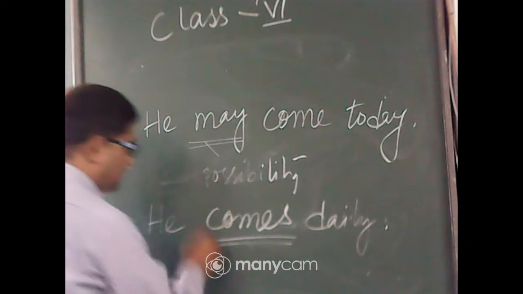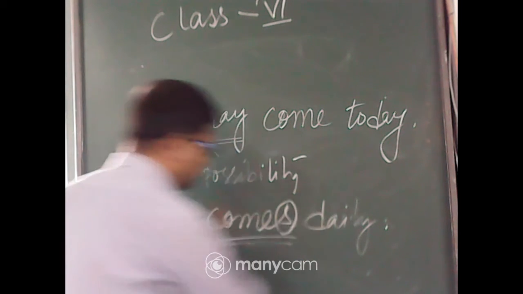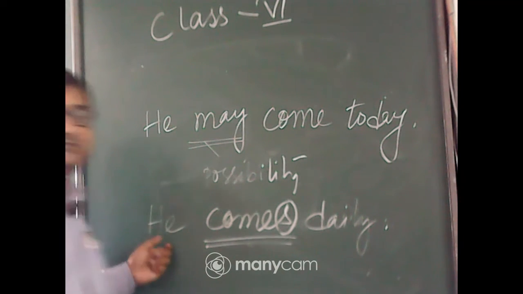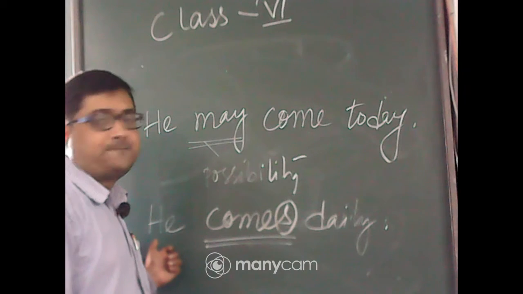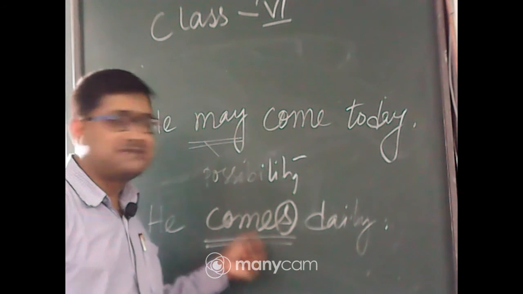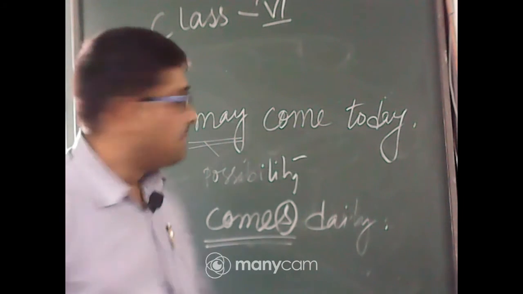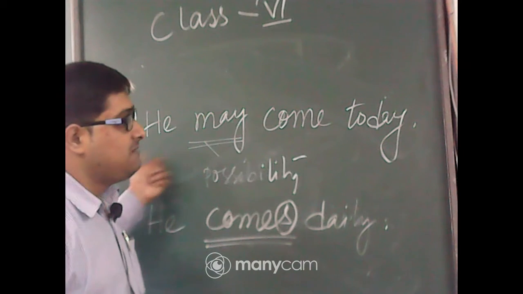Here the verb comes, takes s after it. Why? Because here the subject is third person singular. We know that after the third person singular, whenever we use a verb, it always takes s or es after it. But here I also had written that he may come.